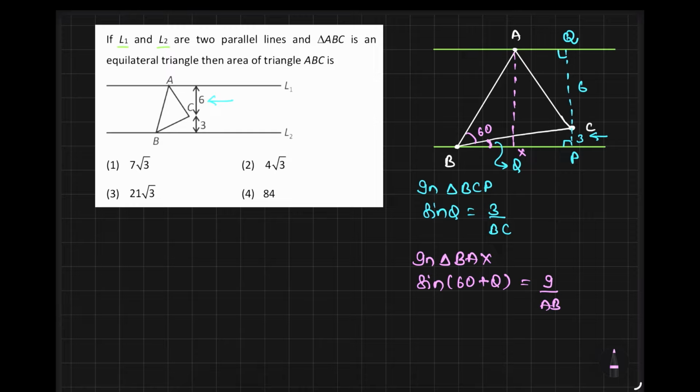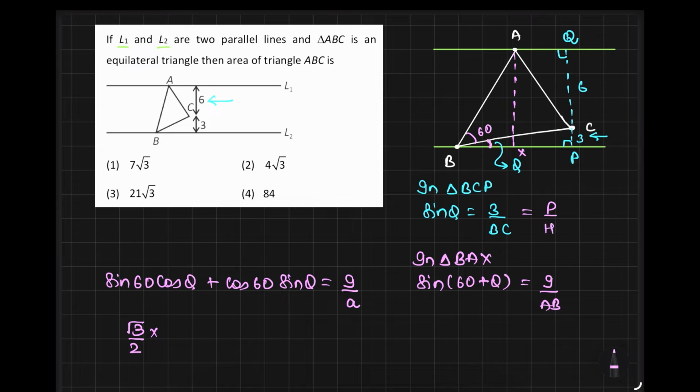Here I am applying the sin A plus B formula. So it will become sin A cos B plus cos A sin B equals 9 by A. Suppose that the side length of the equilateral triangle is A. Now sin 60 is root 3 by 2. Now you know that this is the perpendicular and this is the hypotenuse.